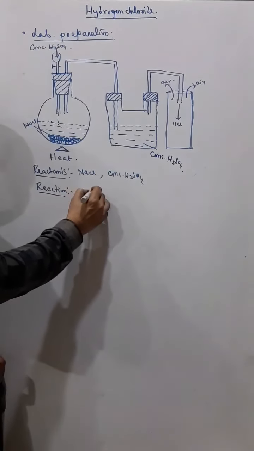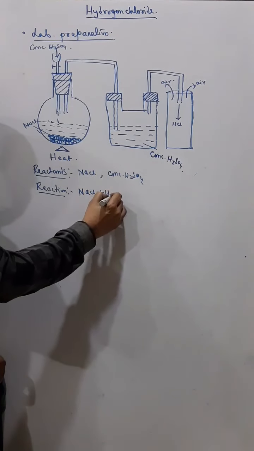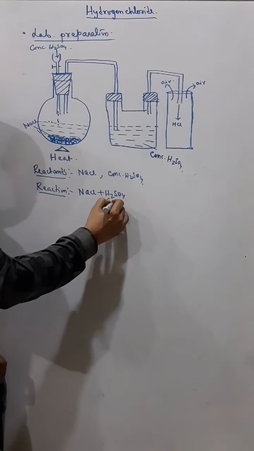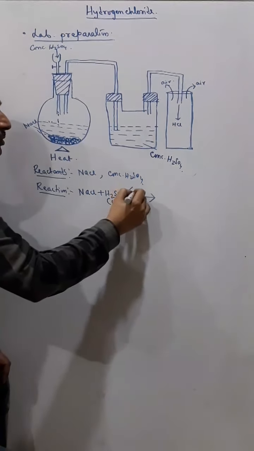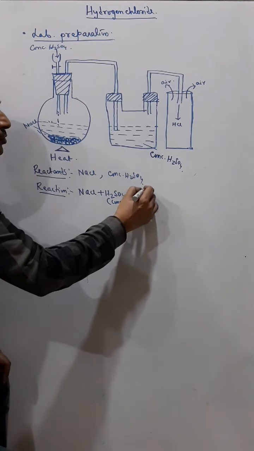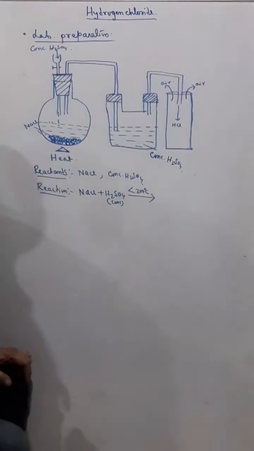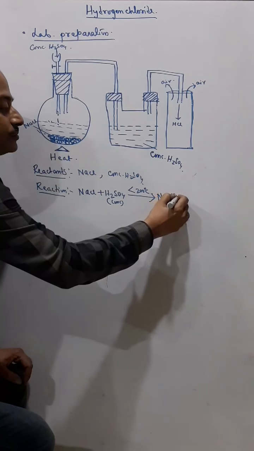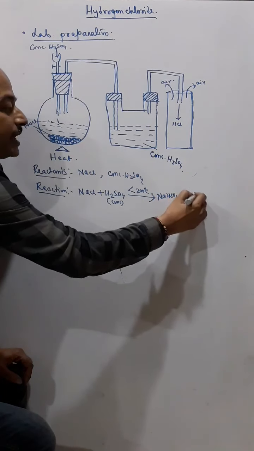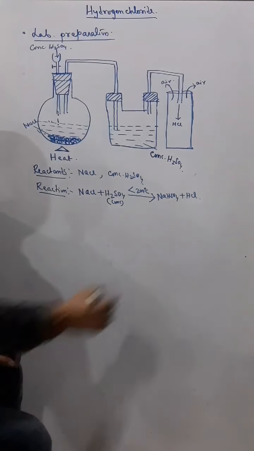So NaCl reacts with concentrated sulfuric acid, and below 200 degrees Celsius we get NaHSO4 and HCl gas.